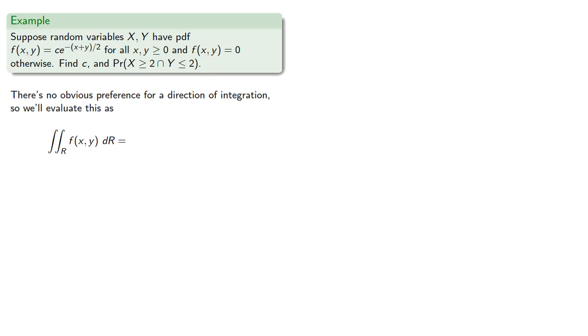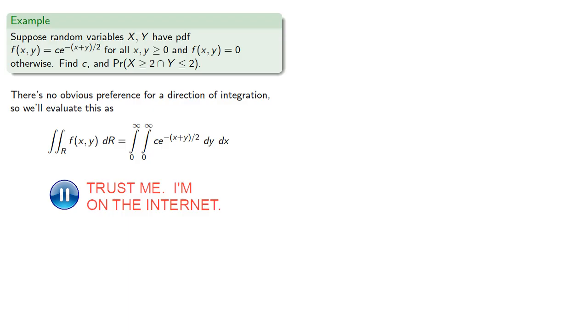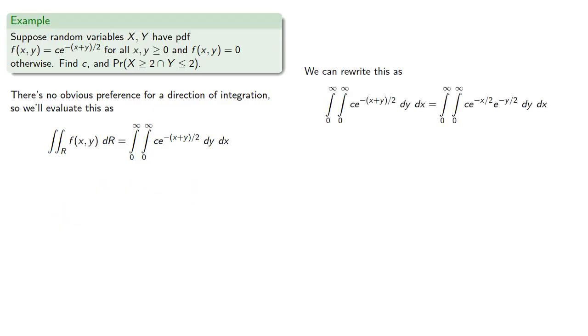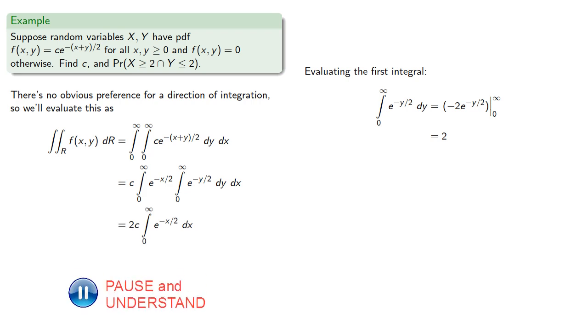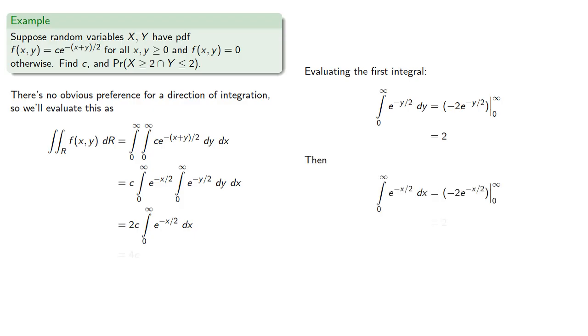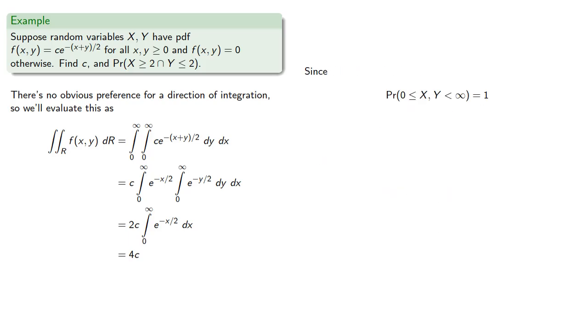Now, there's no obvious preference for direction of integration, so we'll evaluate this as... We can rewrite this double integral as... Then, evaluating our first integral, we get... And so our integral becomes... Computing the second integral, so we find this probability that x and y are somewhere between 0 and infinity.